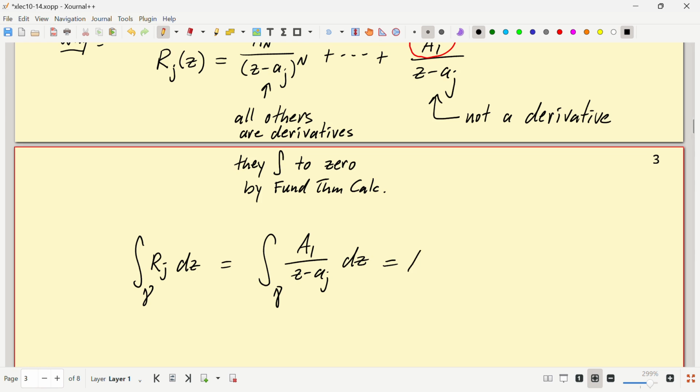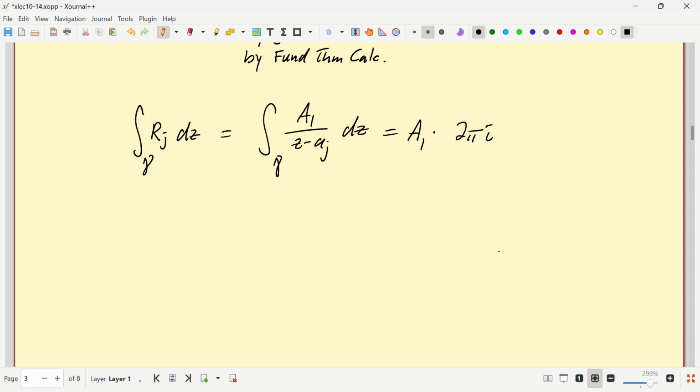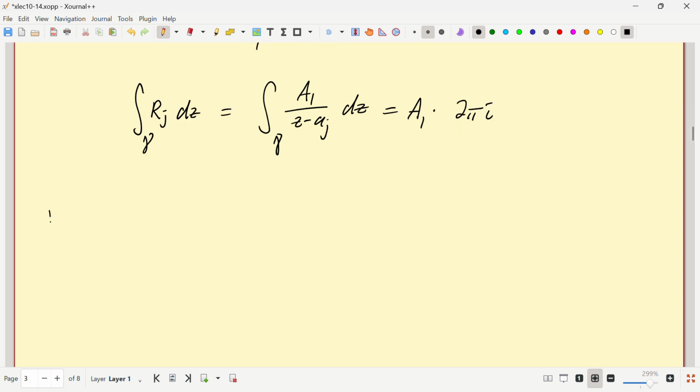And I claim that's a1 times 2 pi i. I didn't use log the first time I showed you this, but you can use the log function to see why. Here's another why. Let's see. I've got my curve.